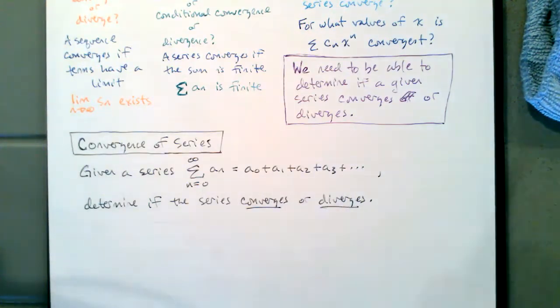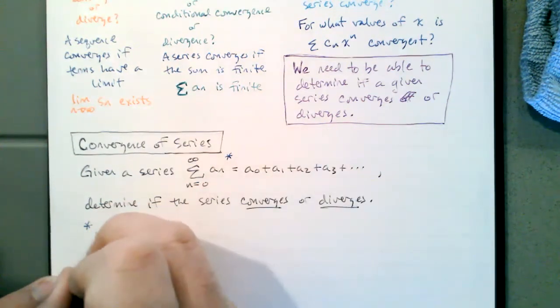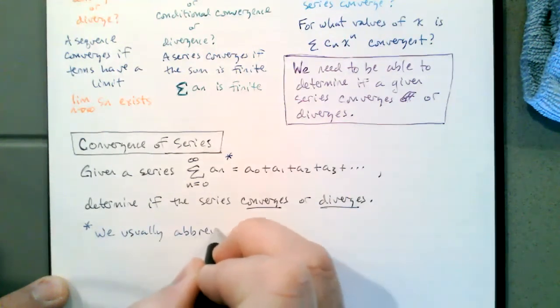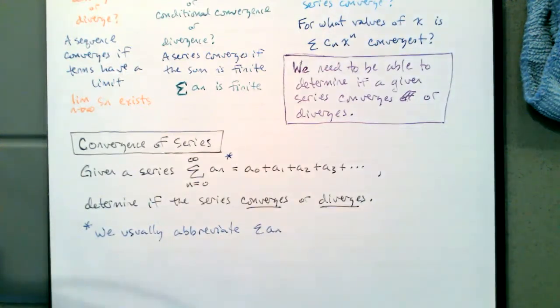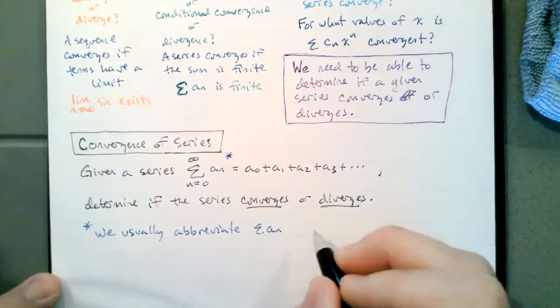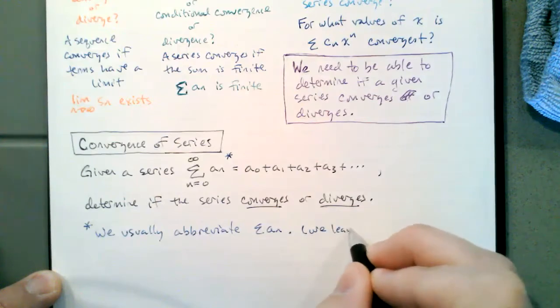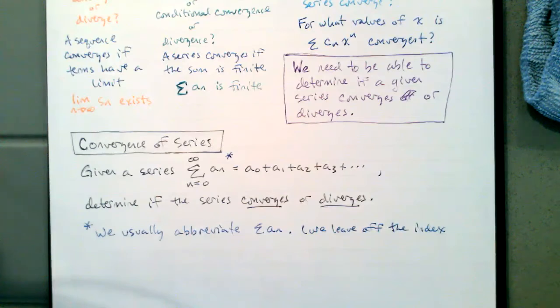We are usually going to abbreviate series just by saying sum a_n. That is, we leave off the indexing because that's understood.